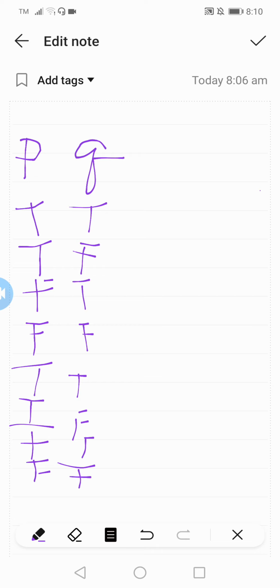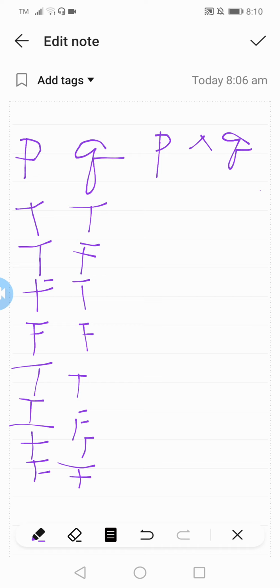And since we are looking for a compound statement using the connective conjunction between these two given statements, we'll be using the symbol P and Q. Based from the rule stated a while back, the compound statement P and Q is true when both P and Q are true, otherwise it is false.